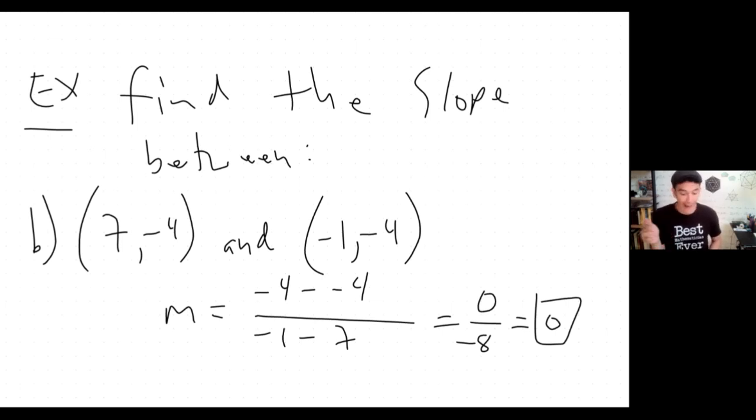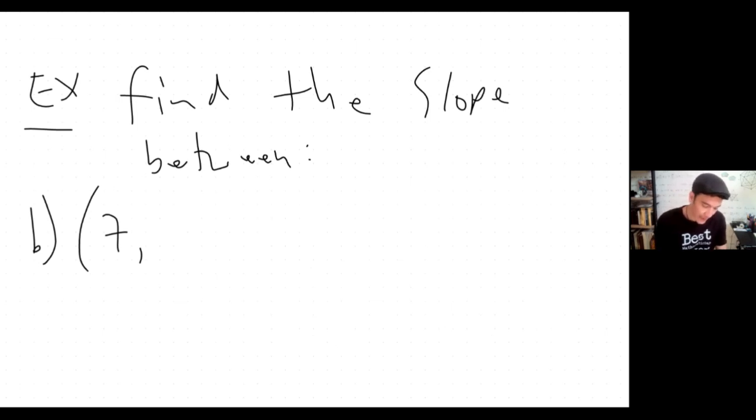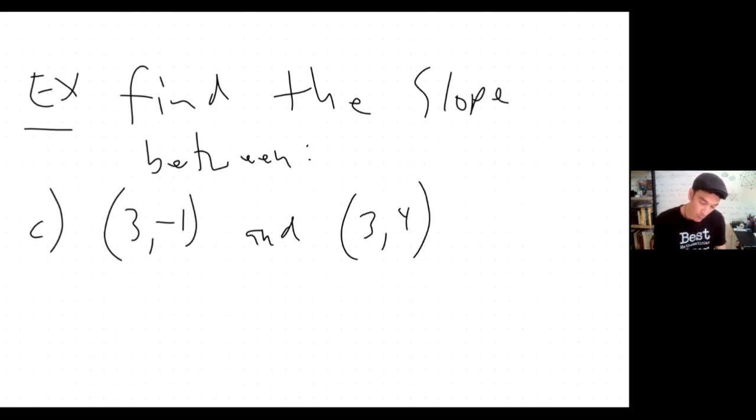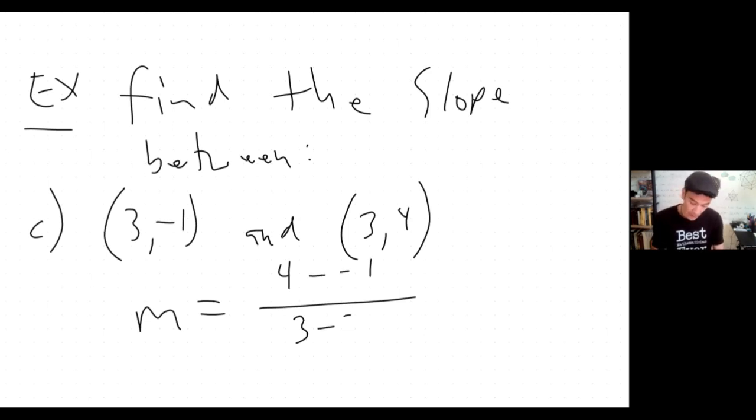Okay, one more, and then we'll start to graph things. So example C, what about if you have, let's say, 3, -1 and 3, 4. Find the slope between these 2 points. So m would equal 4 minus -1 over 3 minus 3. So here, it's 5 over 0.